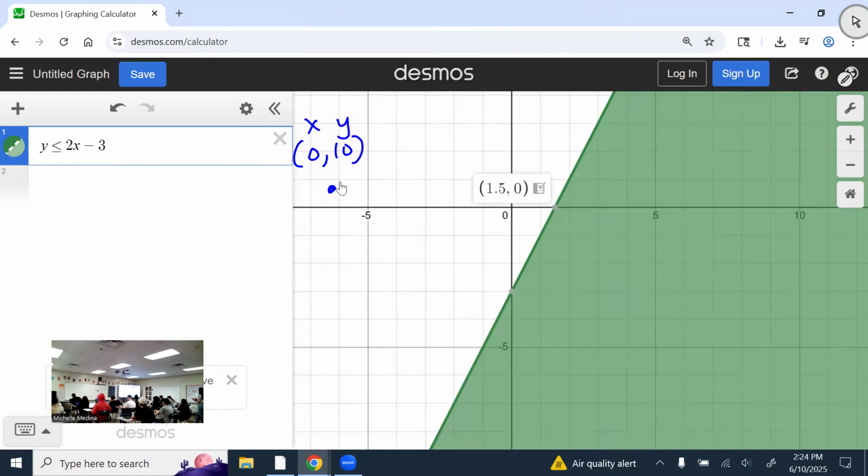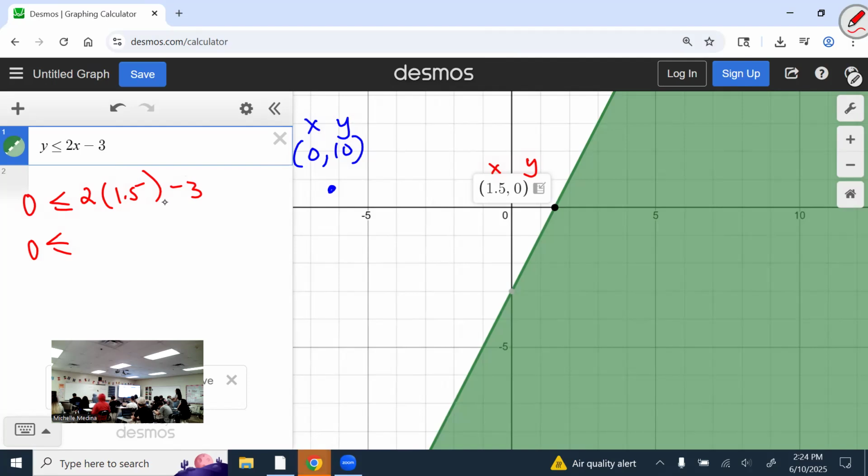So let me pick something that's on the solid line. So like this one, the x is 1.5 and the y is 0. I would plug in the 1.5 for the x and 0 for the y.